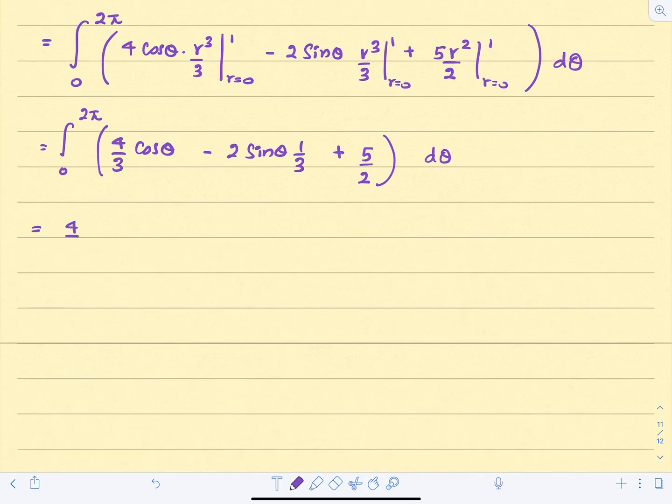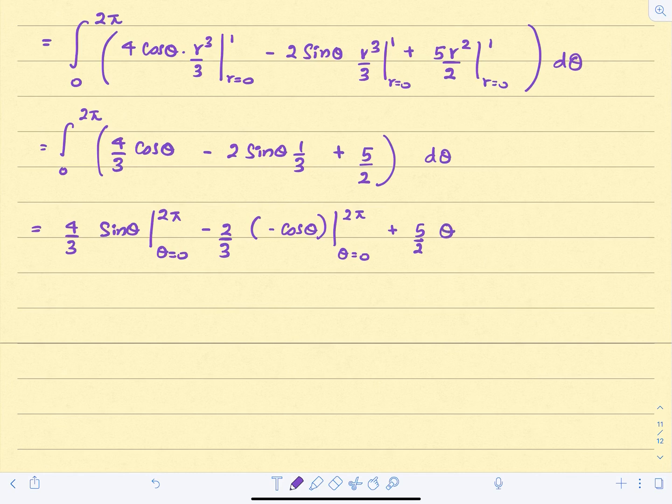Let's do this integral. We have 4/3. Integral of cosine theta is sine theta. Minus 2/3. Integral of sine theta is negative cosine theta. Plus 5 over 2 times theta, because here we have 5 over 2 times 1, and the integral of 1 with respect to the theta variable is theta, 0 to 2 pi.